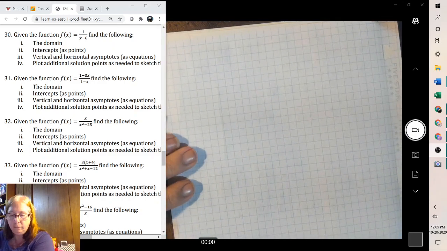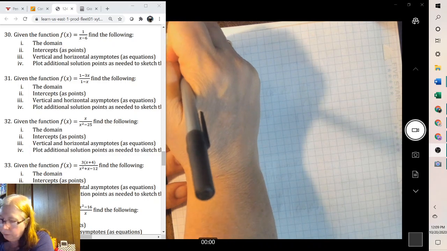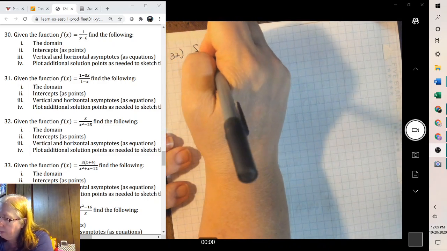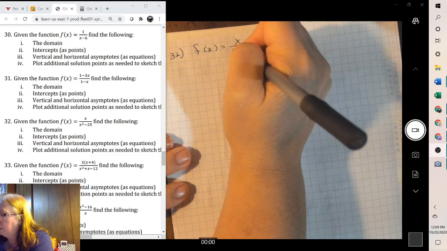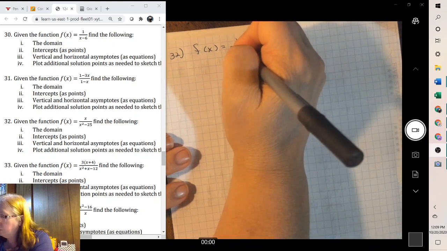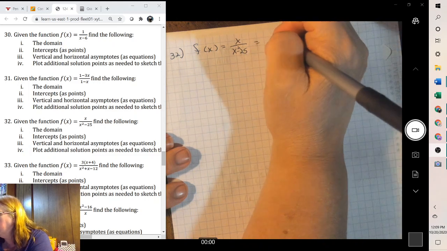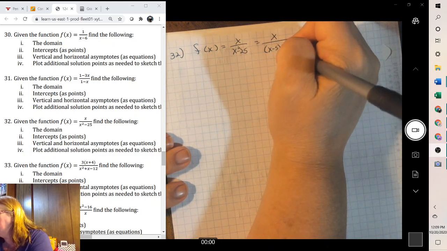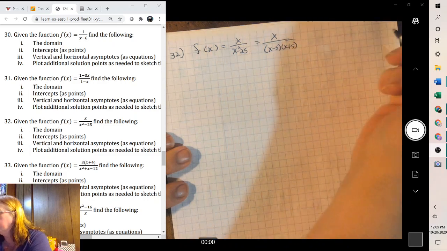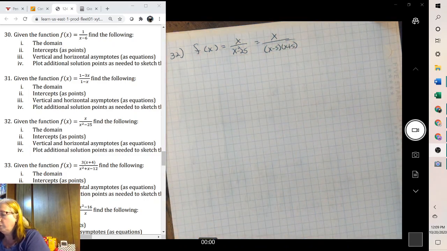Try another one. Number 32. F of x equals x over x squared minus 25. That will factor as x minus 5 and x plus 5. First thing we need to find is our domain.